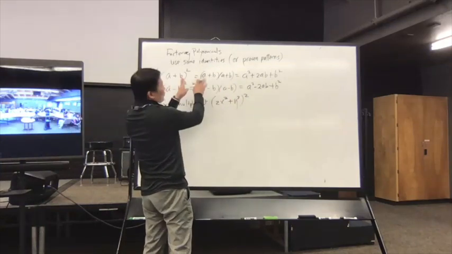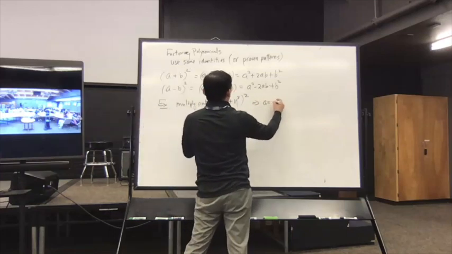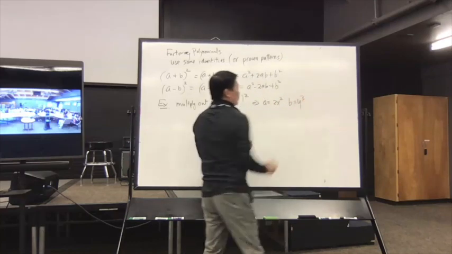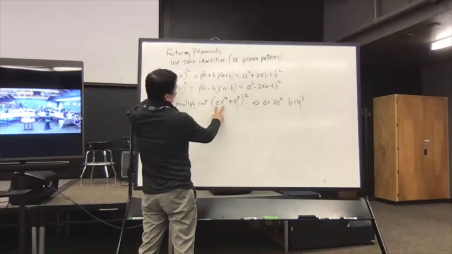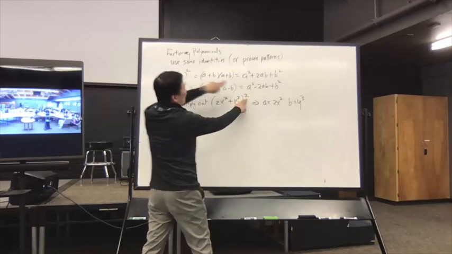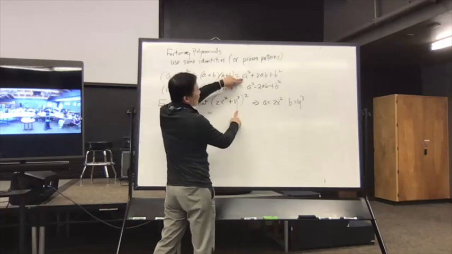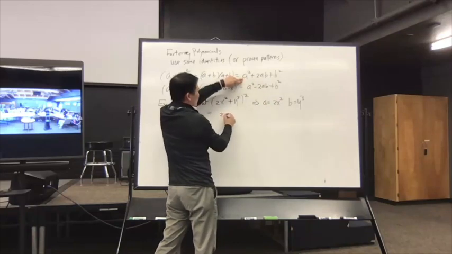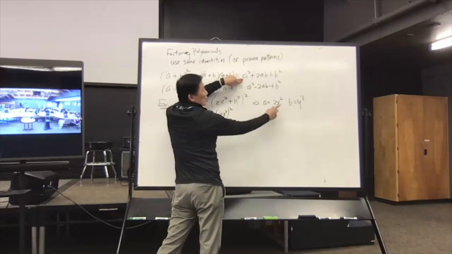But what we can do to leverage this idea is to think of a as 2x squared and b as y cubed. If I do that, I notice this is a plus b, parentheses squared, which follows this identity. So a squared is 2x squared, squared, because a is 2x squared. So a squared is this whole thing squared.